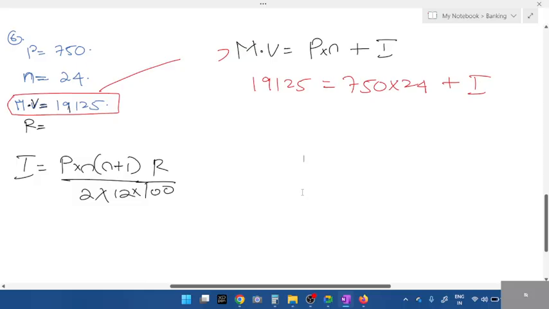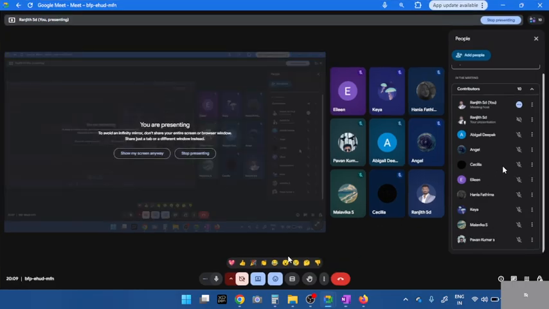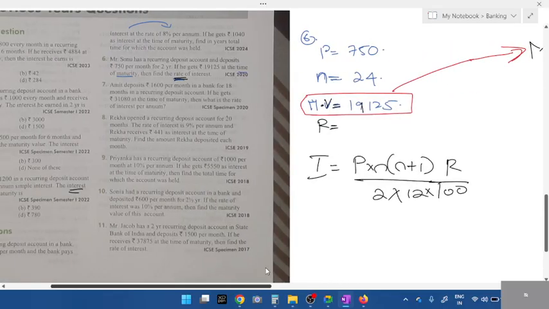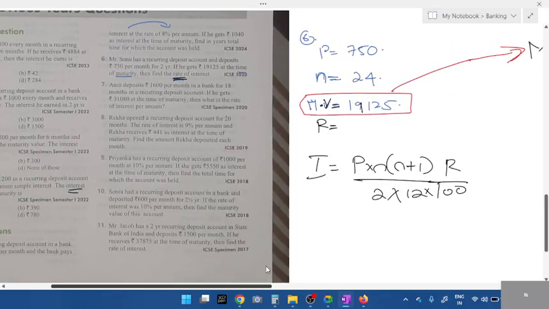So one interest question is done. This is a rate question. This question is related to rate. 19,125.